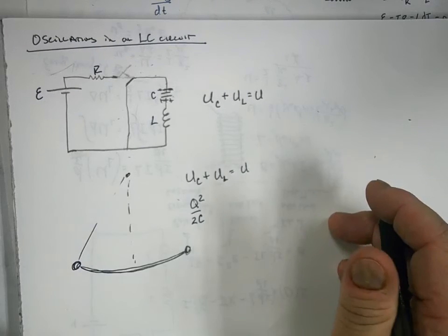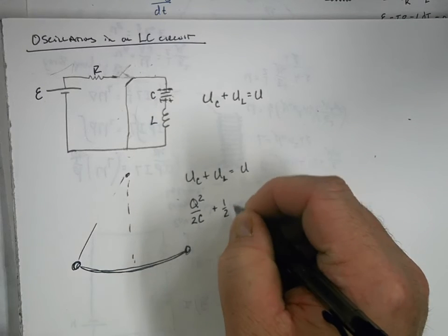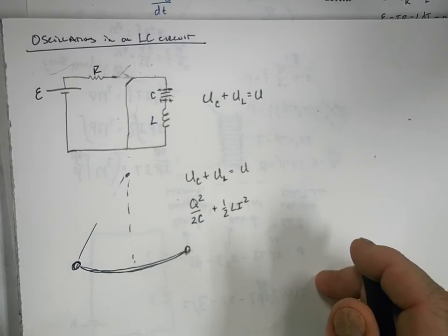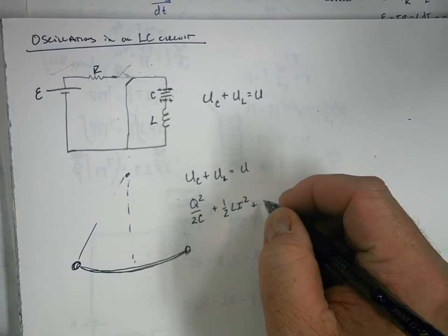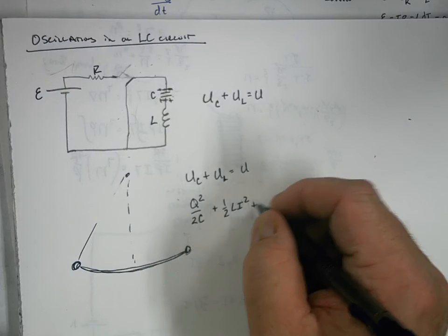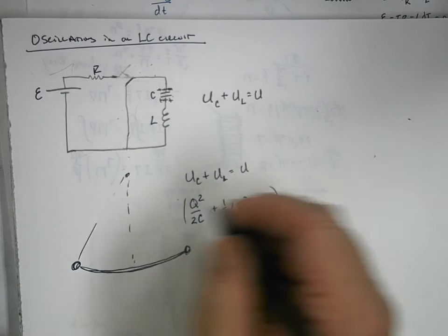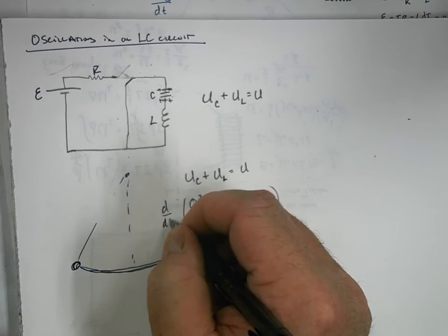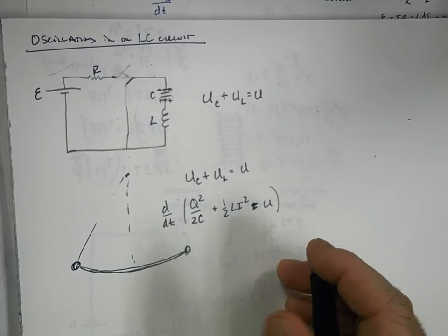Q squared over 2C. Total energy stored in an inductor, from just a few minutes ago. Okay, and that equals our U, and if we take the derivative, check this out.